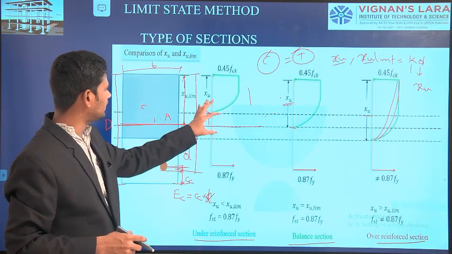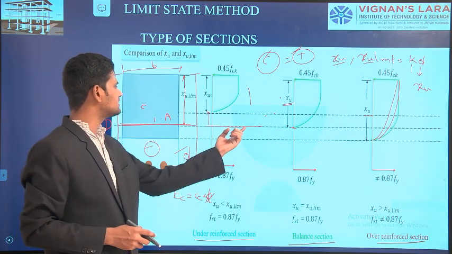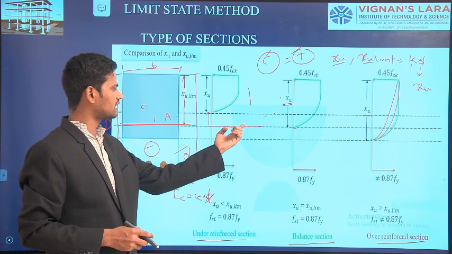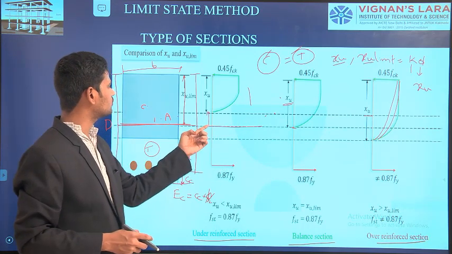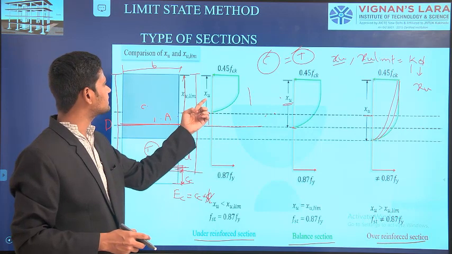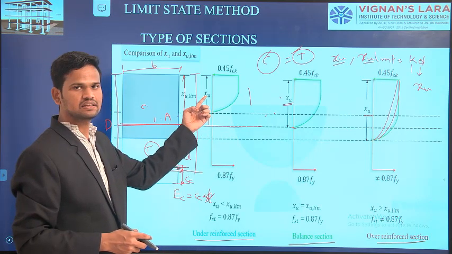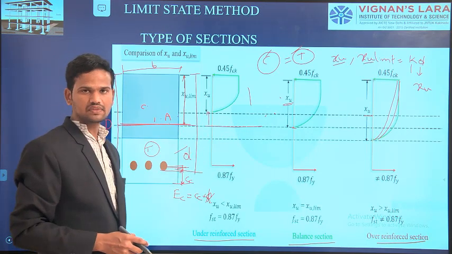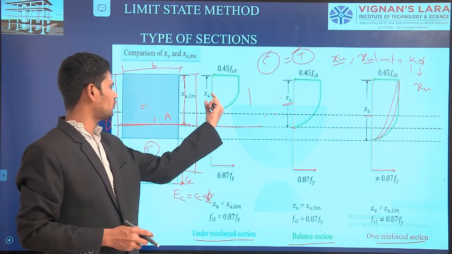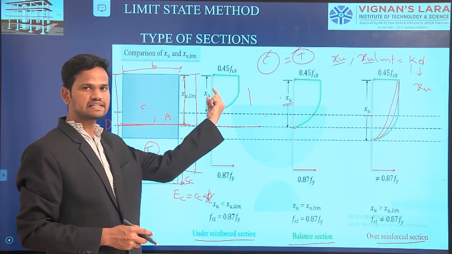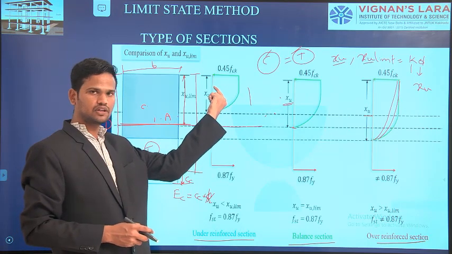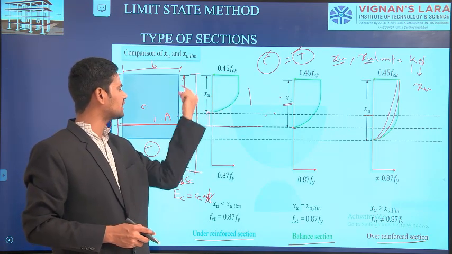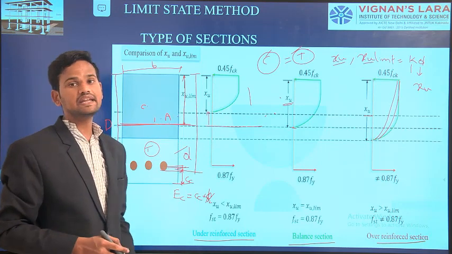If you check here, for the under reinforced section, this is our actual depth of the neutral axis, whereas Xu will be less than the limiting depth of the neutral axis. Based on the total compressive force and total tensile force we calculate the depth of the neutral axis, and this depth will be less than the limiting depth.